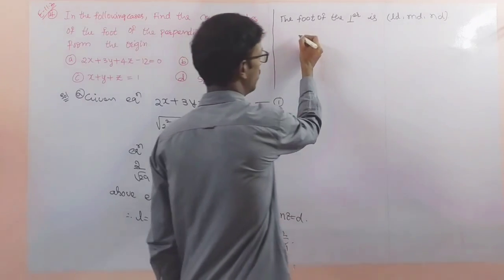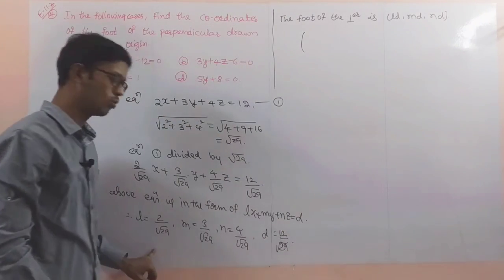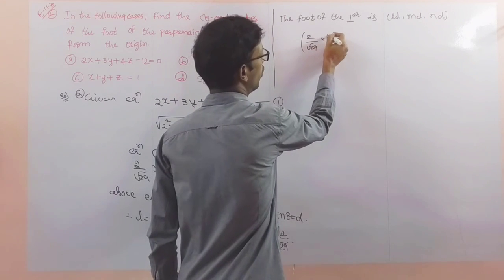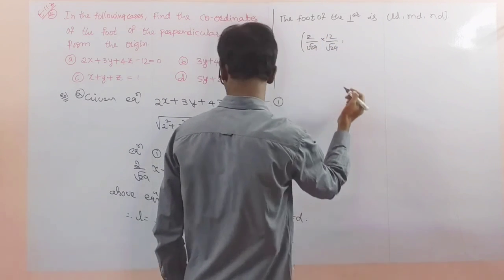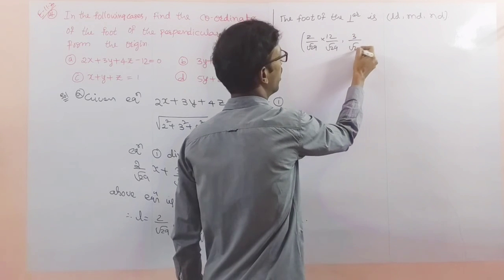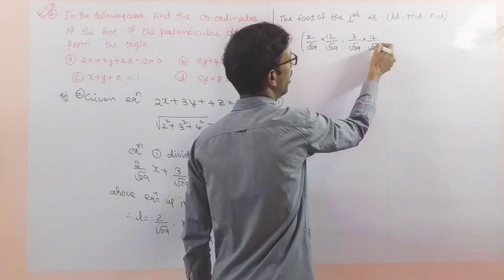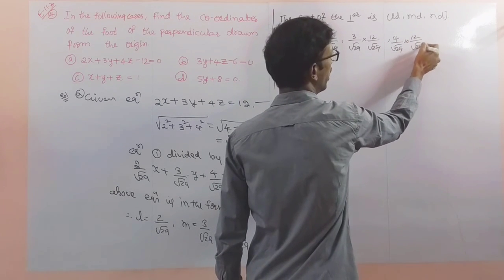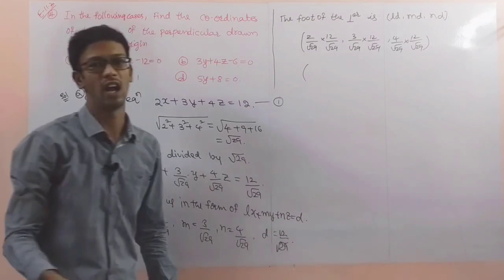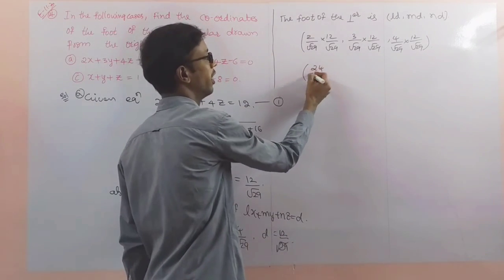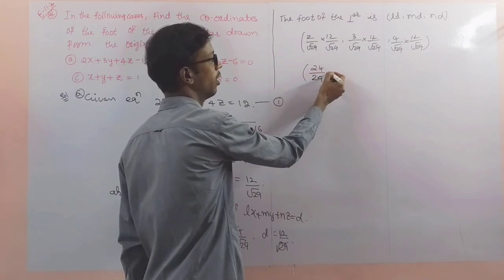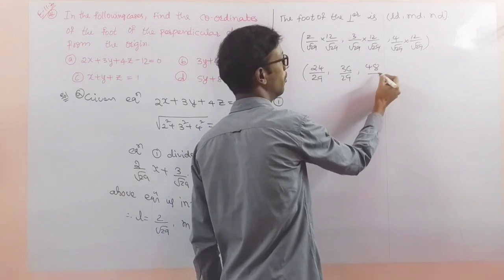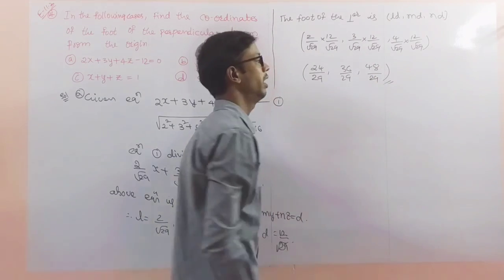Therefore here, substitute the values. l is 2 by root 29 into 12 by root 29, comma 3 by root 29 into 12 by root 29, comma 4 by root 29 into 12 by root 29. 12 twos are 24, so 24 by root 29 into root 29, that is 29. 12 threes are 36 by 29, 48 by 29.